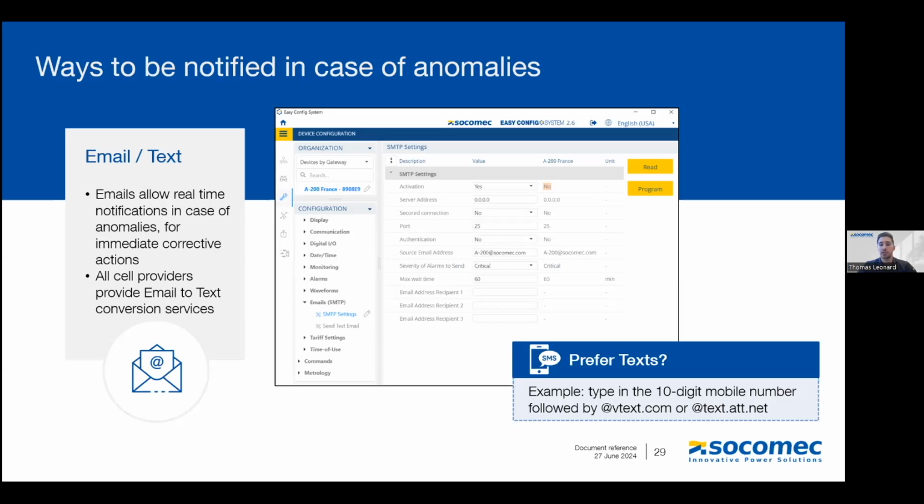I actually found out 2 weeks ago that there are free services to convert an email into a text.